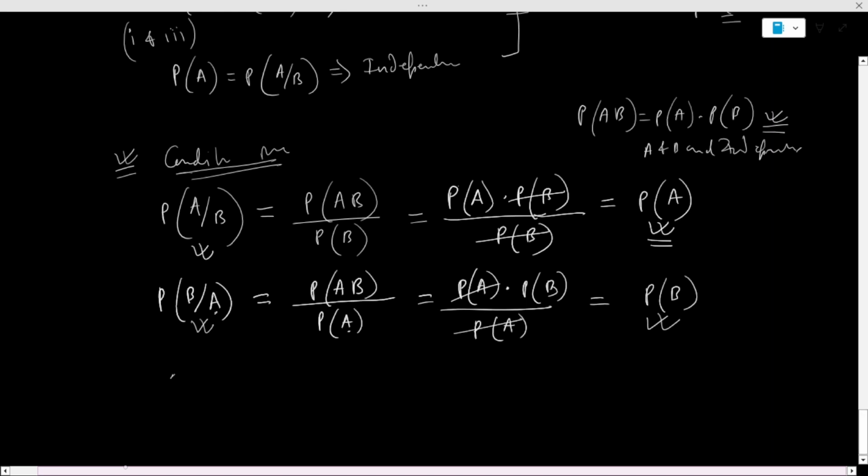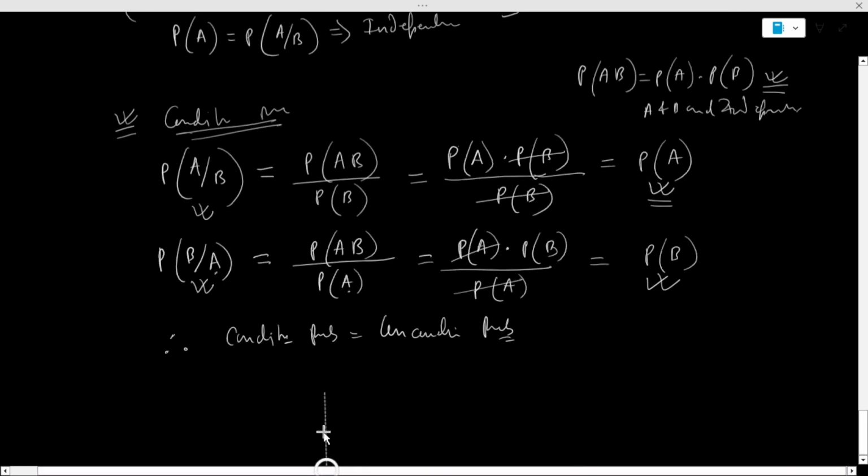So to sum up, if the conditional probability is equal to the unconditional probabilities for all the events, then we can say that the events are independent.